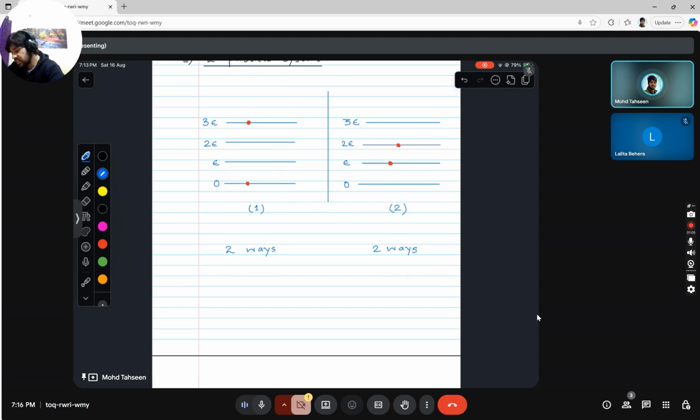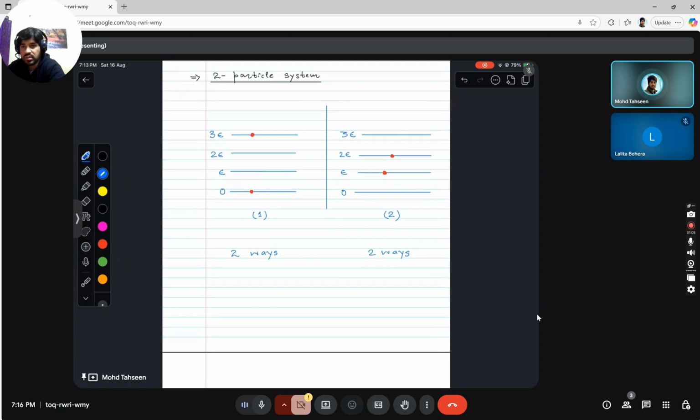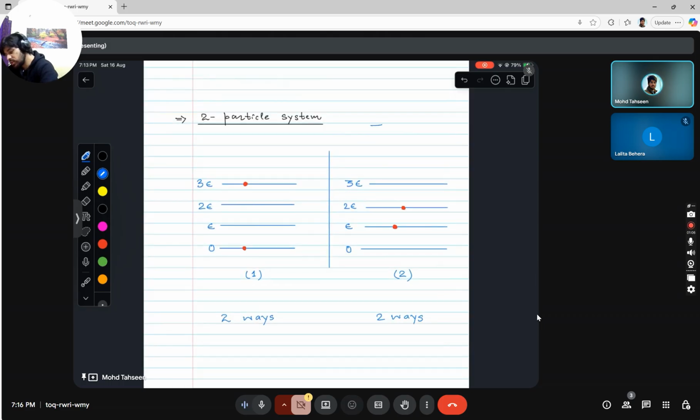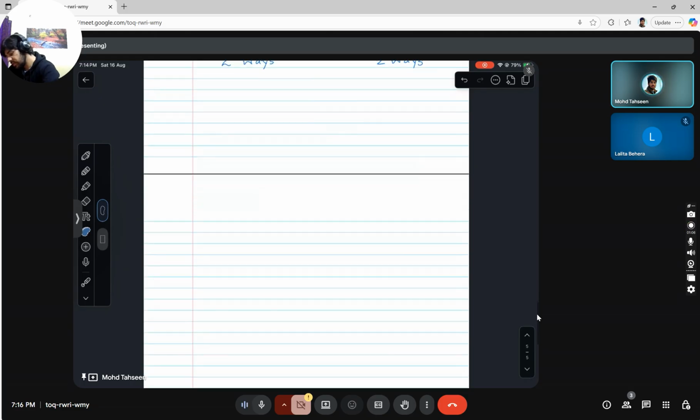Now let's see, if we increase the number of particles in the system, how does this trend evolve? Here the constraint is that the total energy is 3 epsilon. With the same constraint, let's go to a 3 particle system.